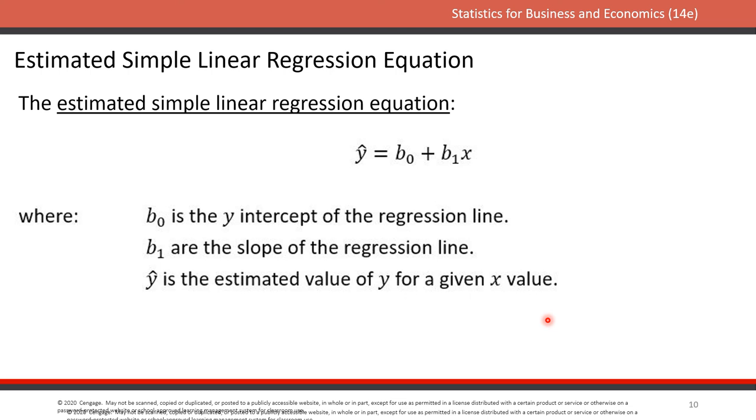Now, I already mentioned that we have the estimated regression. So the hat means estimate, and actually that's good to write down somewhere: hat means estimate. The estimated y is b0, or you could write beta 0 hat, plus b1, or you could write beta 1 hat, times x.